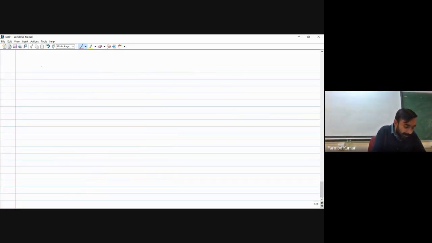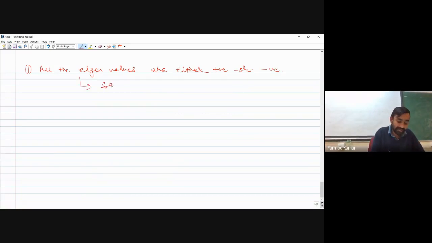If all the eigenvalues are either positive or negative, meaning all the eigenvalues have the same sign, then we call our equation an elliptic partial differential equation.